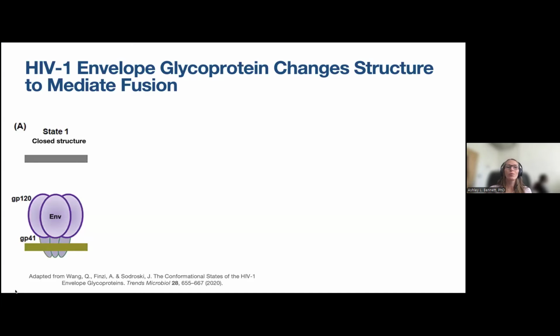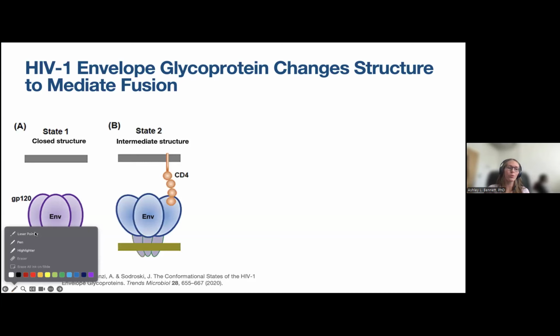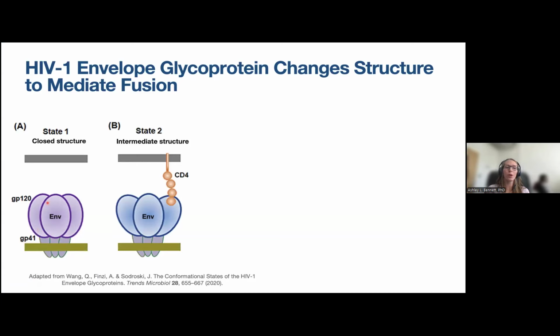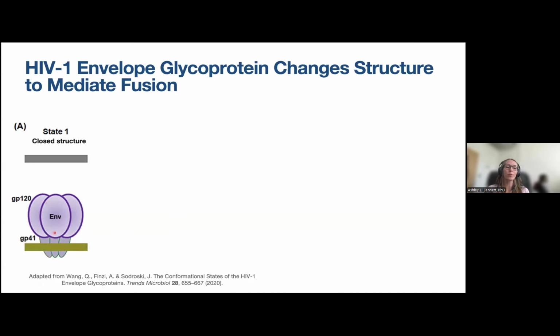So the HIV-1 envelope glycoprotein, or Env for short, mediates fusion between the HIV virus and the host cell. This protein is composed of the GP120 receptor binding domain and the GP41 fusion domain. Both the GP120 and GP41 elements undergo a series of structural changes in order to mediate fusion with the host cell.